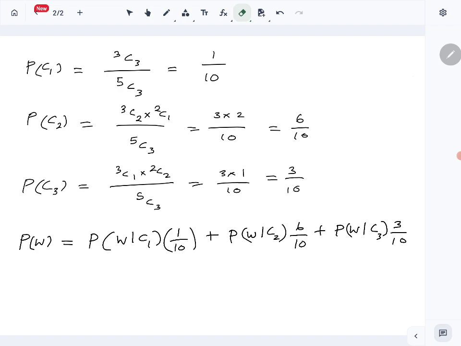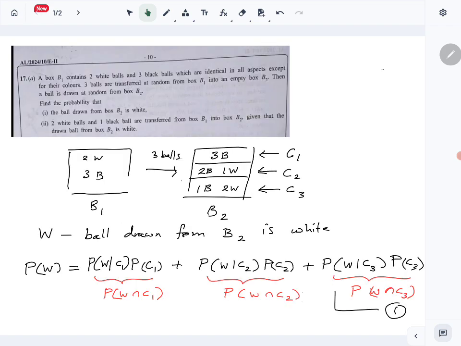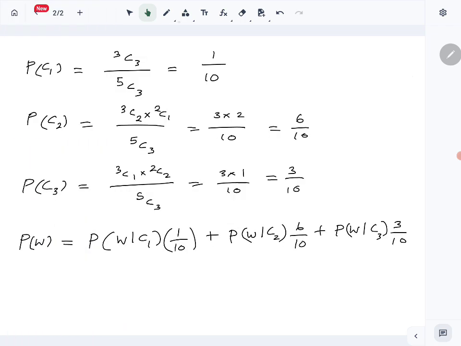Right. So this one is what? If we choose case 1, what is the probability of picking a white ball? Case 1 is where the box 2 has 3 black balls, so you can't pick a white ball. That probability is just going to be 0.